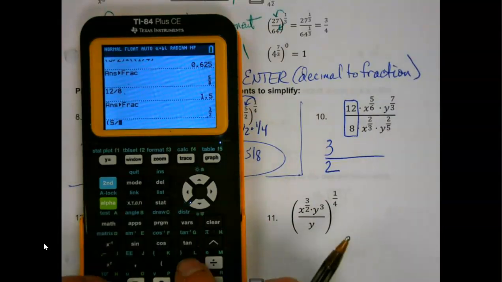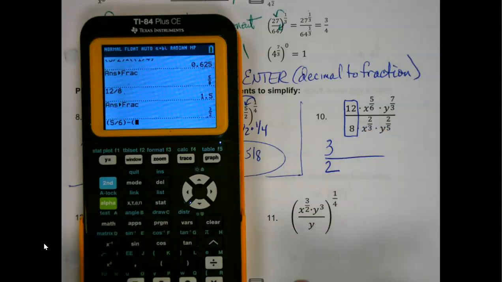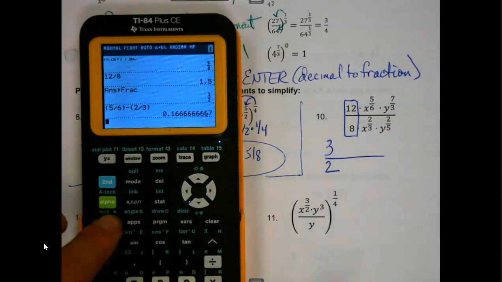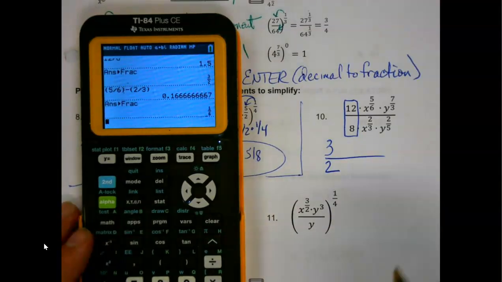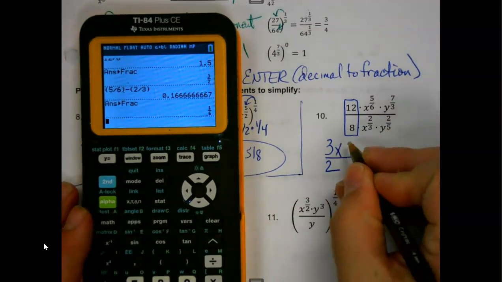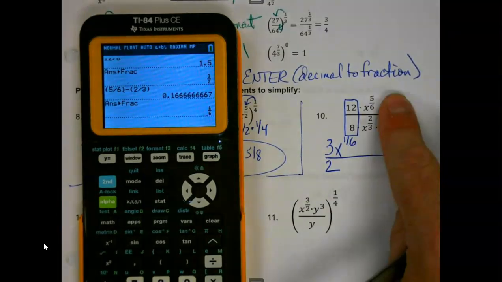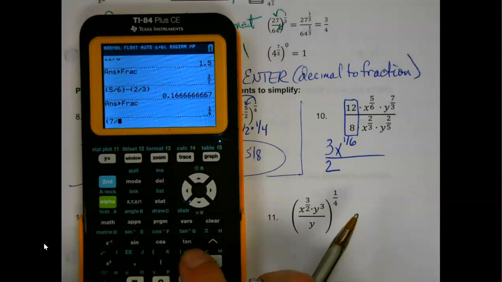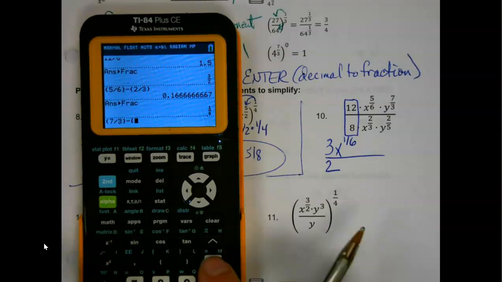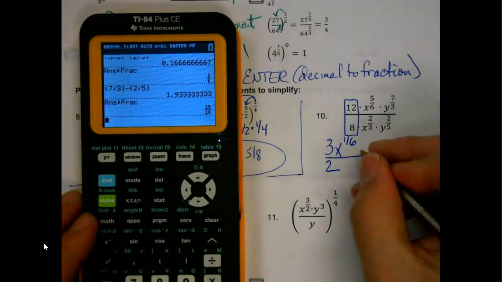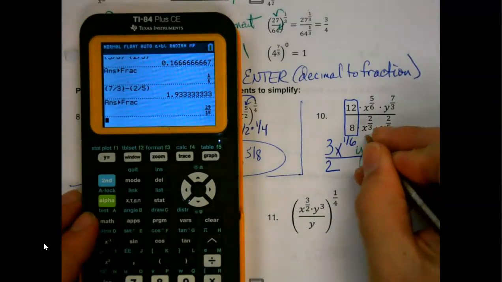So 5/6 minus 2/3. No decimals. Math, enter. And then we're going to do the same thing with y. Just subtract them. 7/3 minus 2/5. No decimals. Oofda, that's a crazy one.